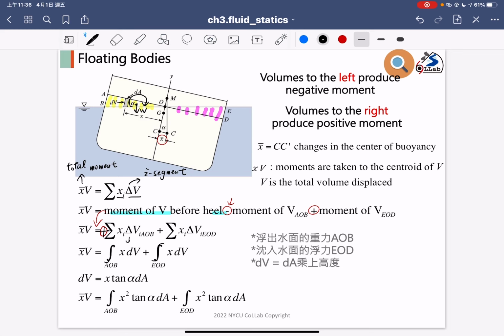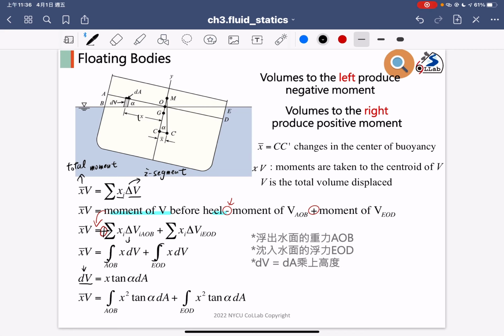So what are the dV for the integrations? As you can see, the dV is the dA in here, and we need to multiply by the height, and then we can compute the small segment of the volume. So what is the height?